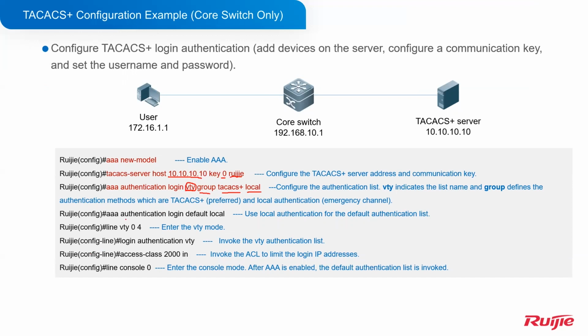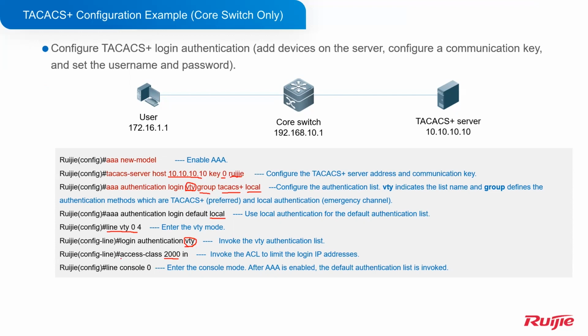And next, aaa authentication login default local means use local authentication for the default authentication list. And for line vty 0 4, we enter the VTY configuration mode. login authentication VTY means we will use the VTY list we just configured. access-class 2000 in invokes the ACL 2000 we just configured to limit the login IP addresses.